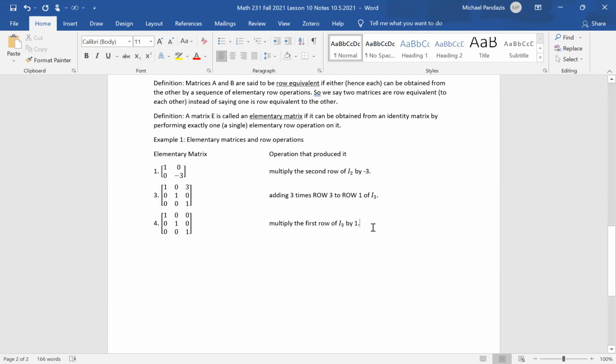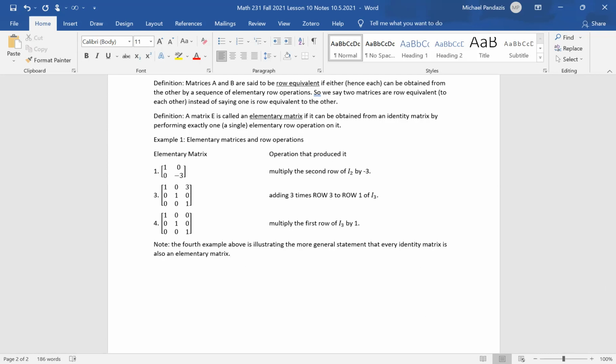Note that the fourth example above is illustrating an idea. I'm talking about more generally here: every identity matrix is also an elementary matrix.